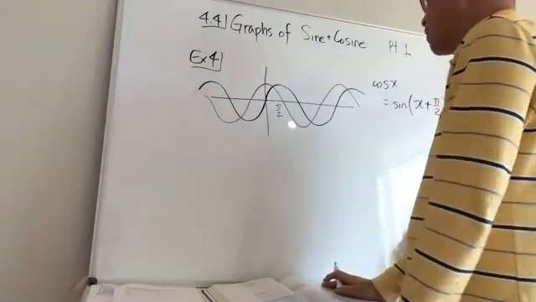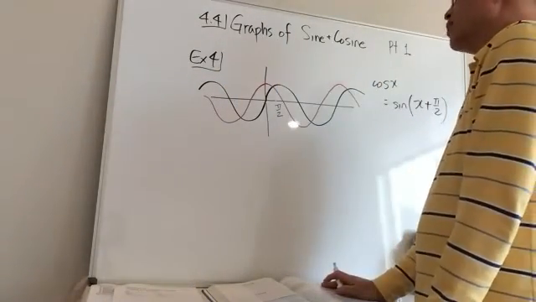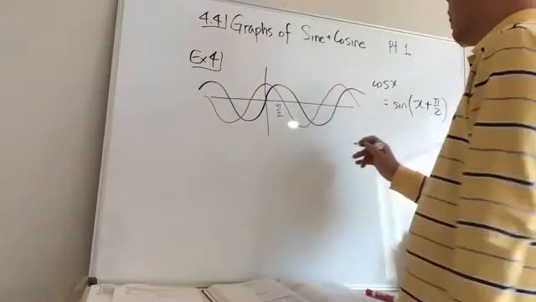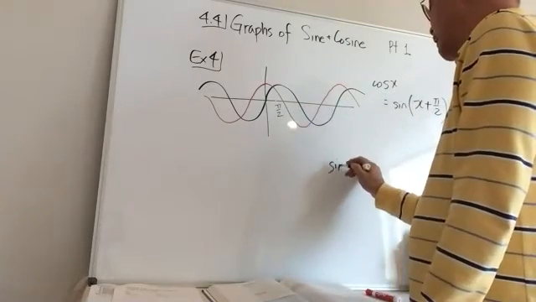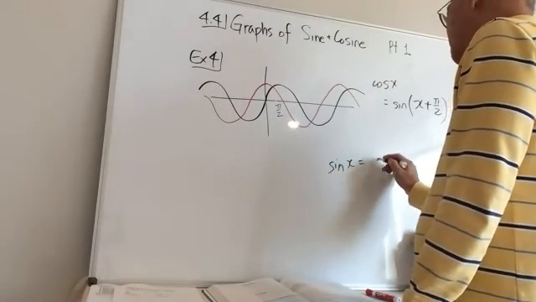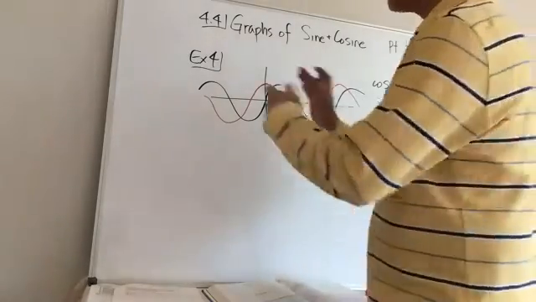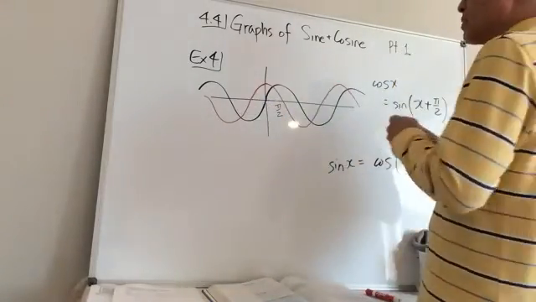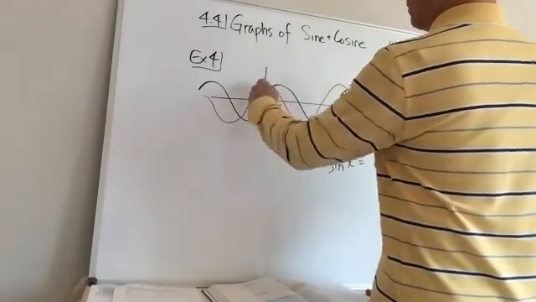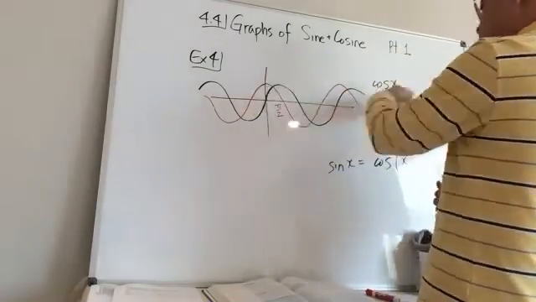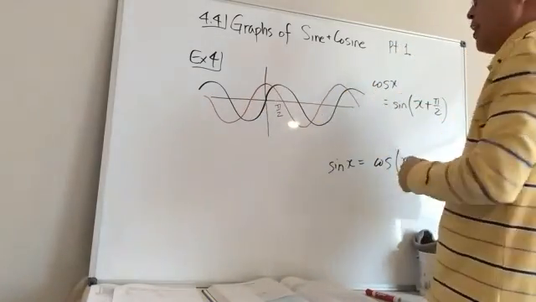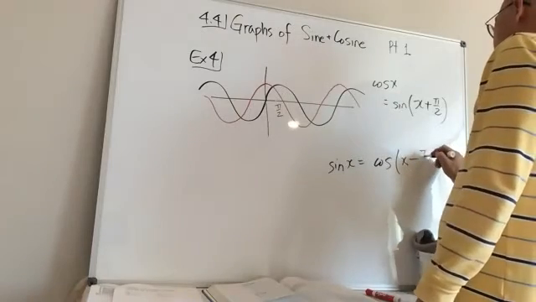And the second one is now I'm going to go from the cosine function to the sine function. So sine of x is going to be equal to cosine x, but I'm going to shift it, right? I'm going to start from the cosine, the red one. I have to go this way now, pi over 2.